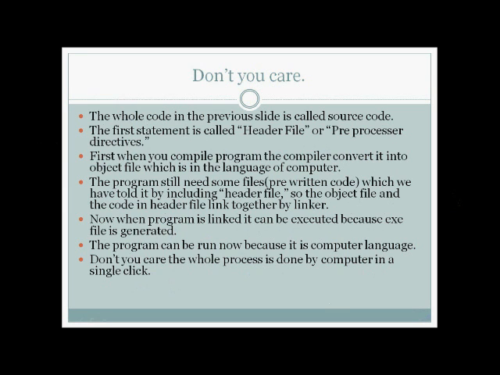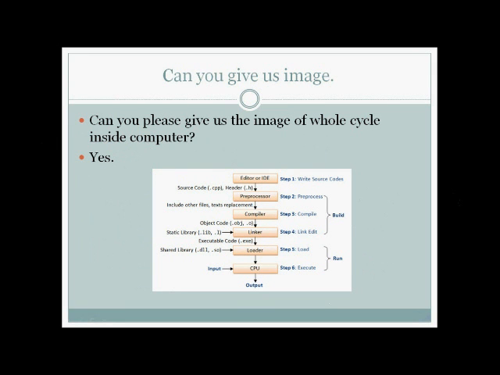But the good thing is that you don't need to repeat this process again and again, or even at a single time. You don't need to do all these steps. You will just click a single button on the compiler, and your program will be running. Okay, and there is an image of the whole process.